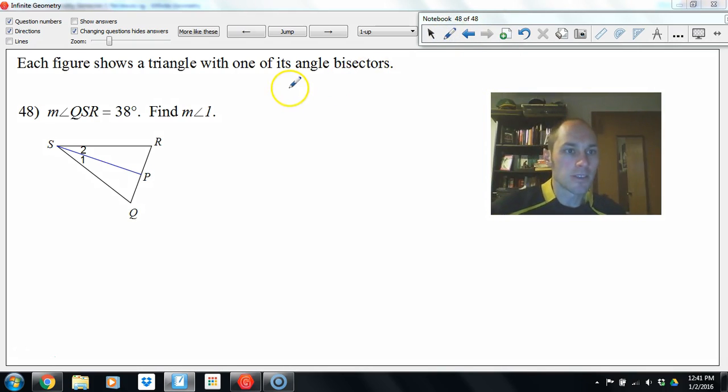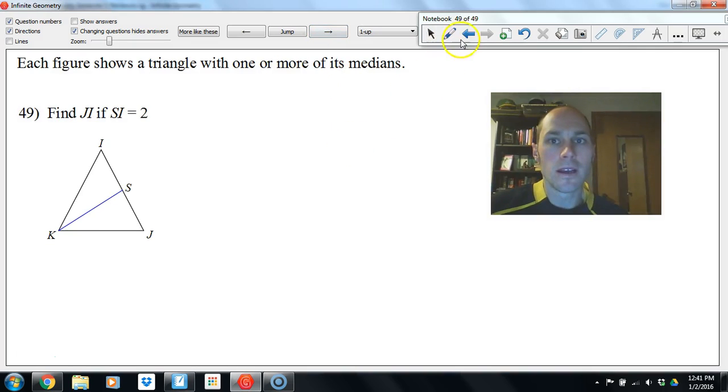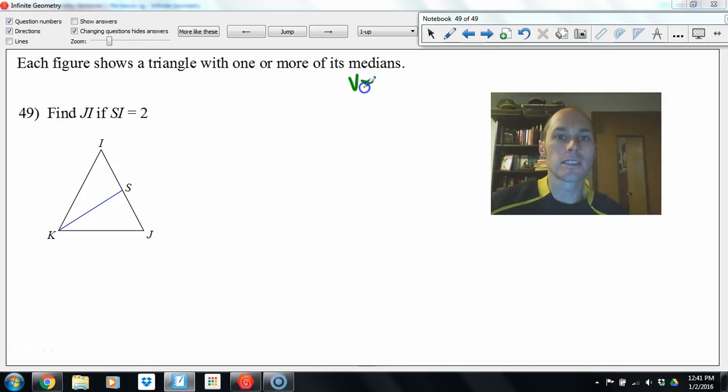Dealing with the angle bisector again, QSR. This whole angle is 38 degrees. We want to find the measure of angle 1. So if it's an angle bisector, it's split in half. So measure of angle 1 would be 19 degrees, since it's half of QSR. Here we have a median. Remember, median goes from vertex to midpoint on the opposite side.